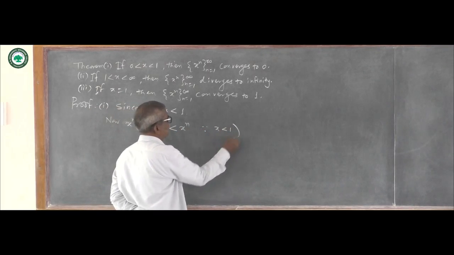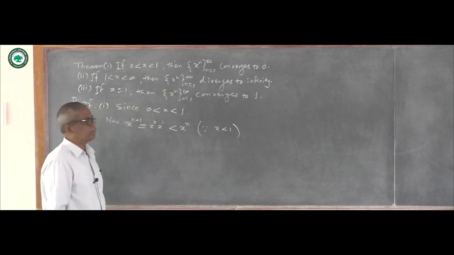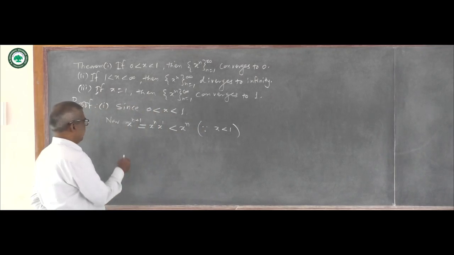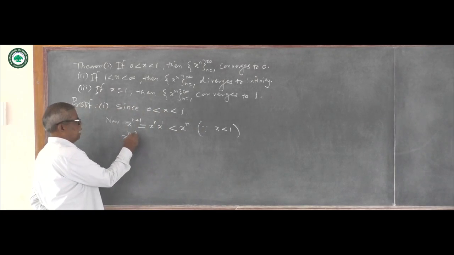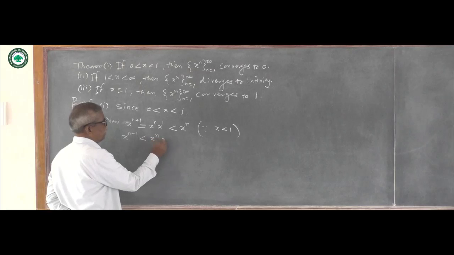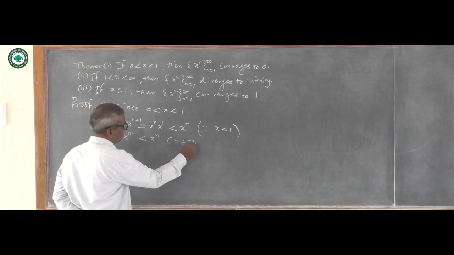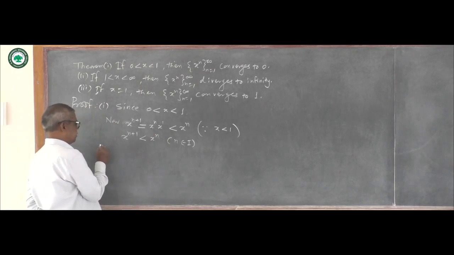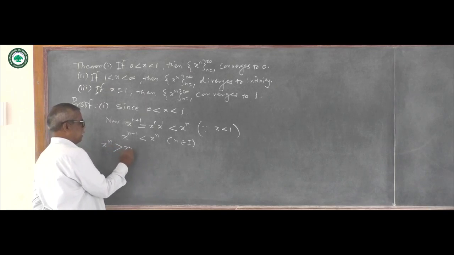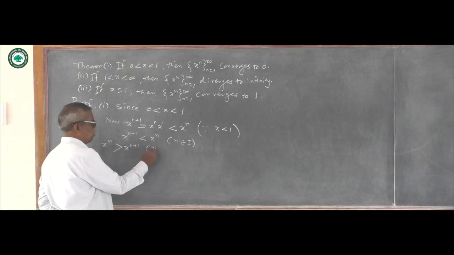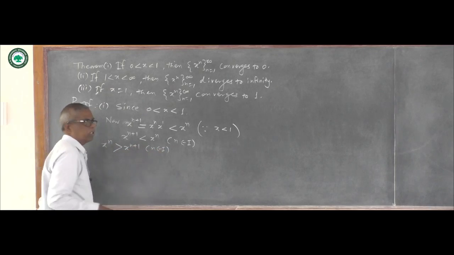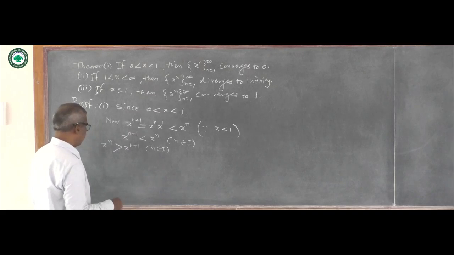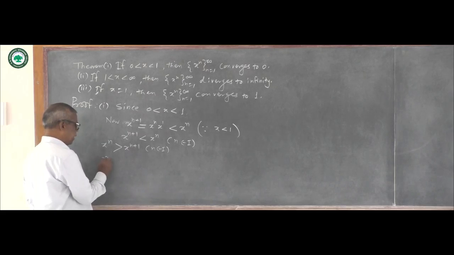That is, x raised to n plus 1 is less than x raised to n for every positive integer n belongs to I. That is, x raised to n is greater than x raised to n plus 1 for all n belongs to I. If we put n equal to 1, we obtain x is greater than x square.